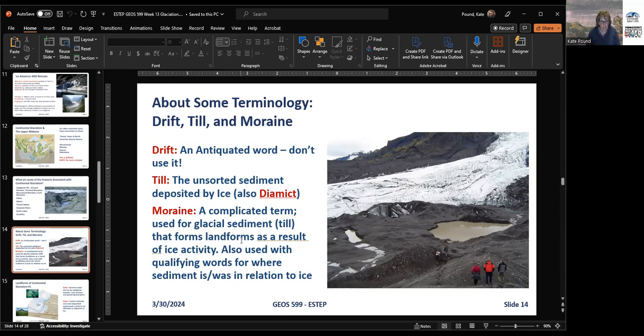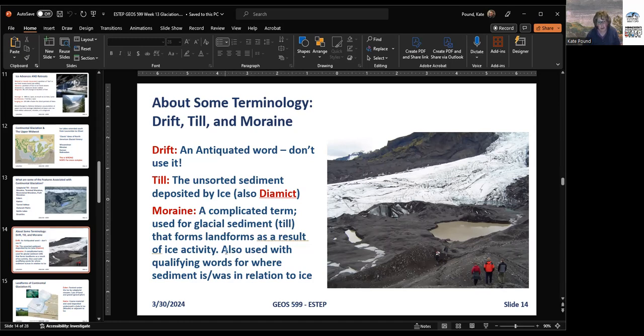So you will hear the word ground moraine for areas of sediment deposited underneath ice. In Minnesota, ground moraine. Sometimes you will also hear the word lodgement till. That is the word for glacial sediment that's deposited underneath the ice.